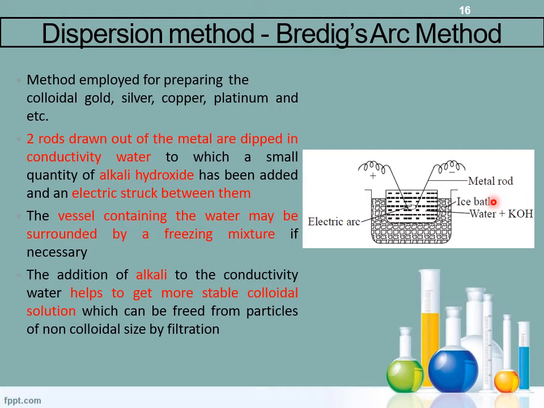An electric arc is struck between the electrodes. The tremendous heat generated by the arc vaporizes the metal, which is condensed immediately in the liquid to give a colloidal solution. The colloidal solution prepared is stabilized by adding a small amount of potassium hydroxide to it.